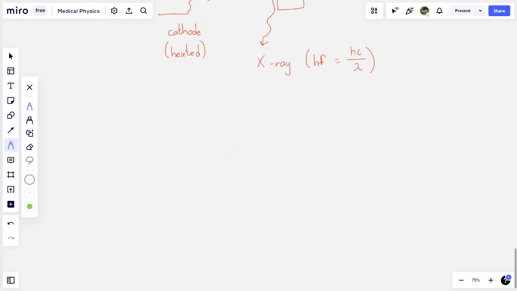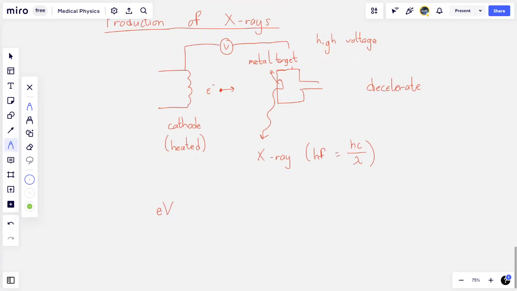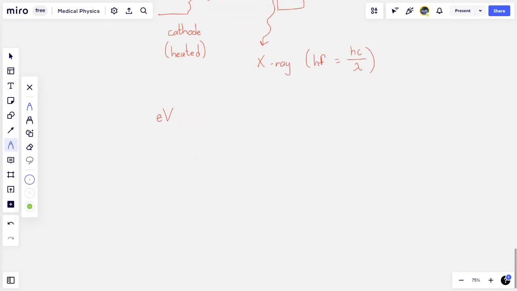Now, the accelerated electrons have energy eV. We know that an electron accelerated through a potential difference of V has an energy eV.